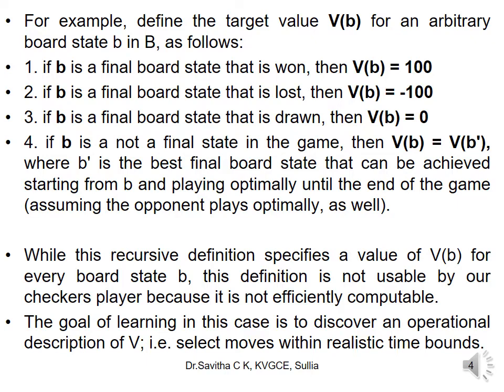If b is a final board state that is drawn, then the evaluation function V(b) is equal to 0. If b is not a final state in the game, then V(b) is equal to V(b'), where b' is the best final board state that can be achieved starting from b and playing optimally until the end of the game.